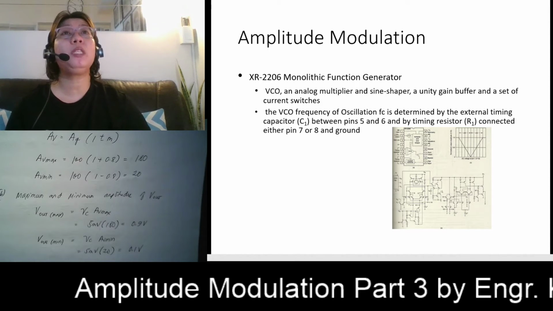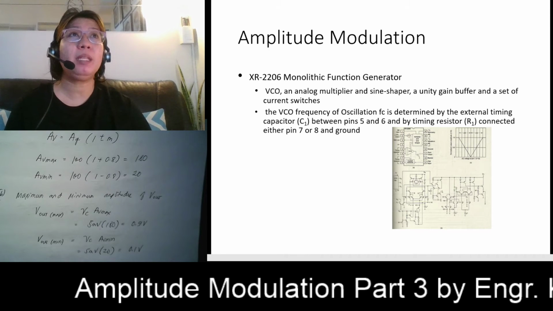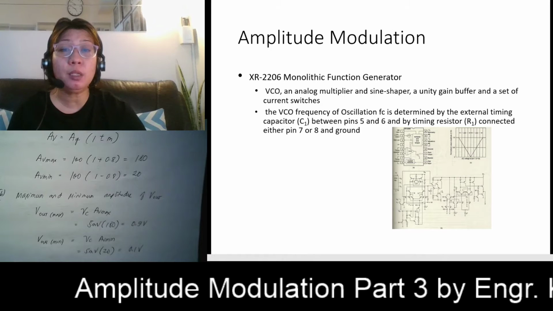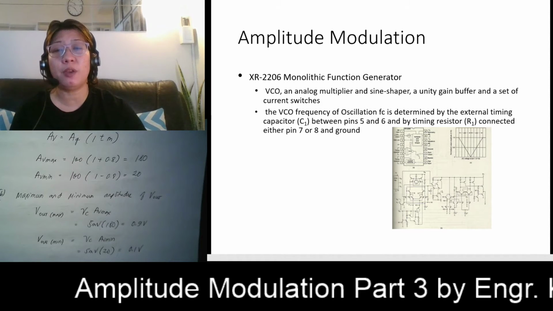The VCO frequency of oscillation, FC, is determined by the external timing capacitor C1 between pins 5 and 6, and by the timing resistor R1 connected to either pin 7 or 8 and ground.